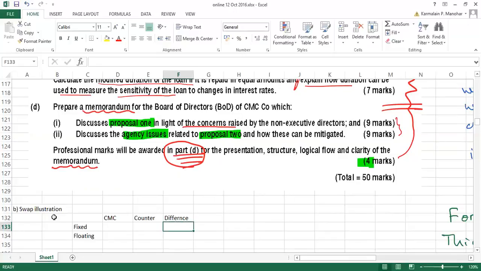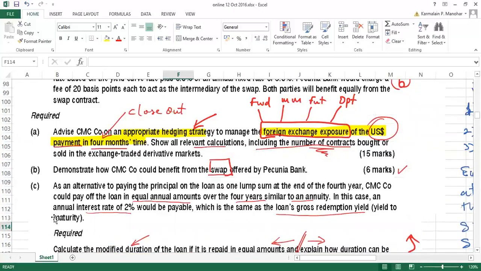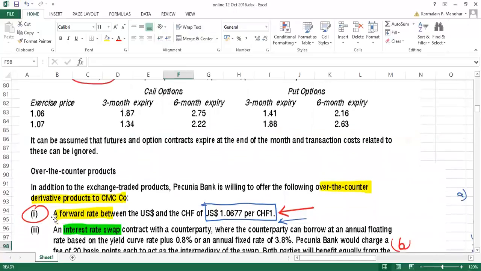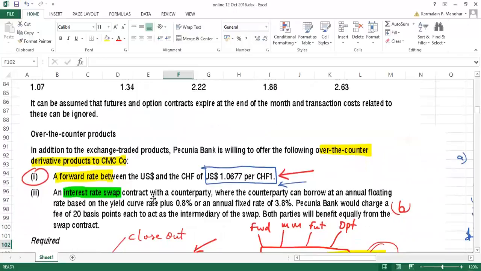So back up to the question, what do we have? It is the counterparty data given in this paragraph. The counterparty can borrow at a floating rate plus 0.8 and a fixed rate of 3.8.